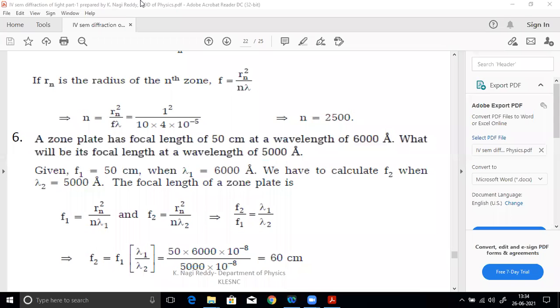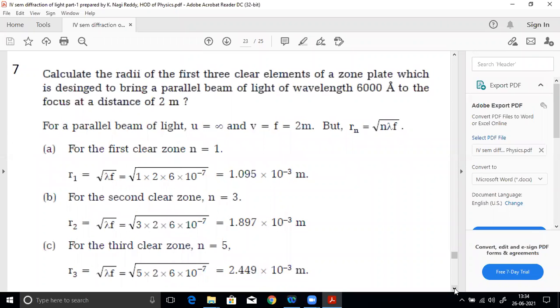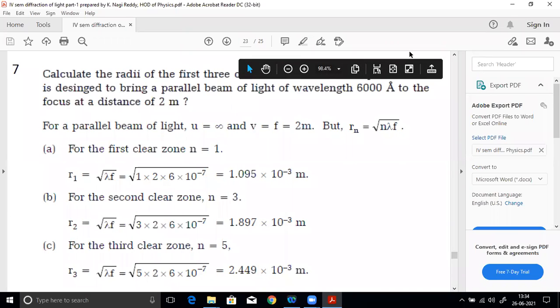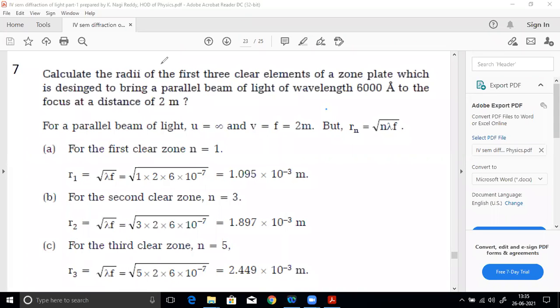Okay, next problem. The 7th: calculate the radius of the first 3 clear elements of a zone plate which is designed to bring a parallel beam of light of wavelength 6,000 angstroms to a focus at a distance of 2 meters.